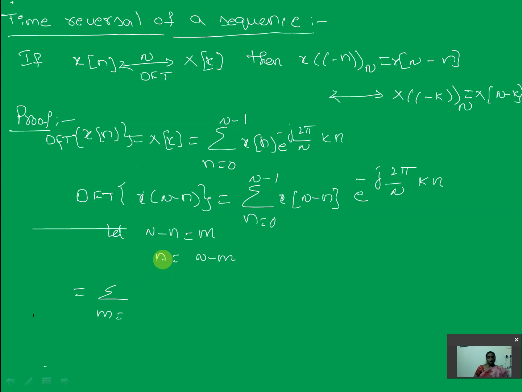If you substitute n equals 0, m is nothing but capital N. If you substitute n equals N minus 1, N minus of N minus 1 is nothing but 1.